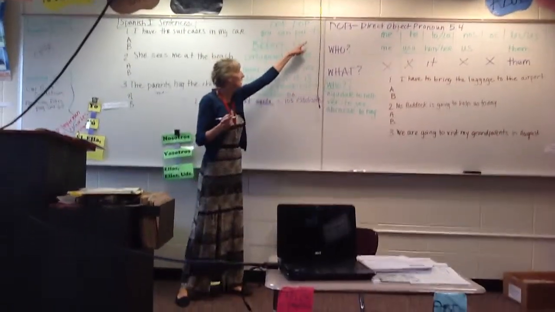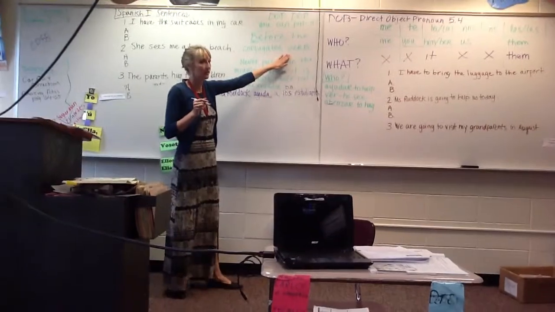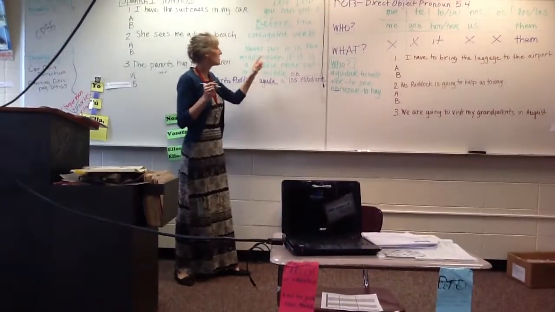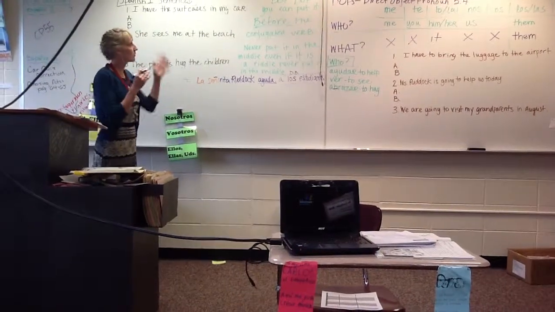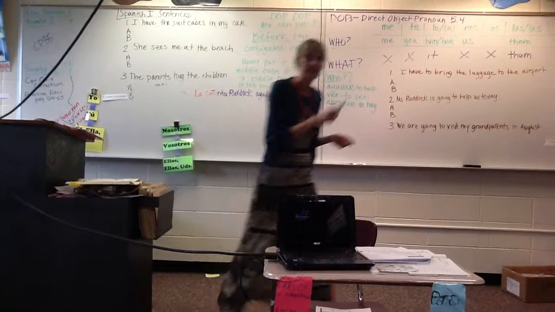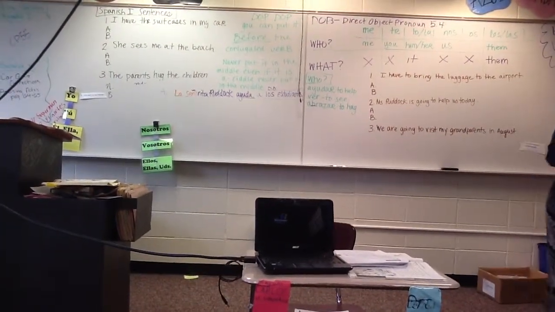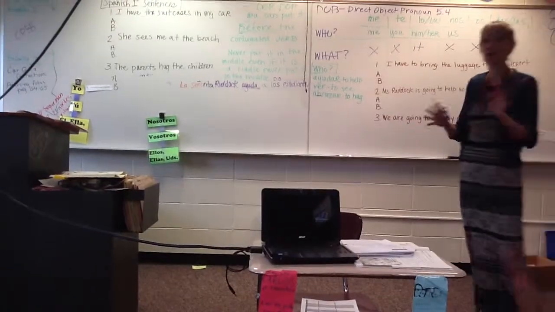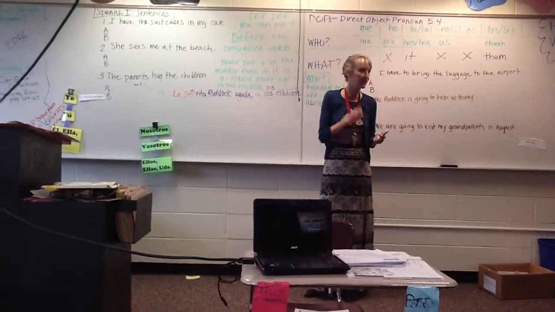You can put it before the conjugated verb. Never put it in the middle, even if it is a riddle. Never put it in the middle. Okay, so let's start with the first part. Everybody repeat it: DOP, you can put it before the conjugated verb. That's the most important part.